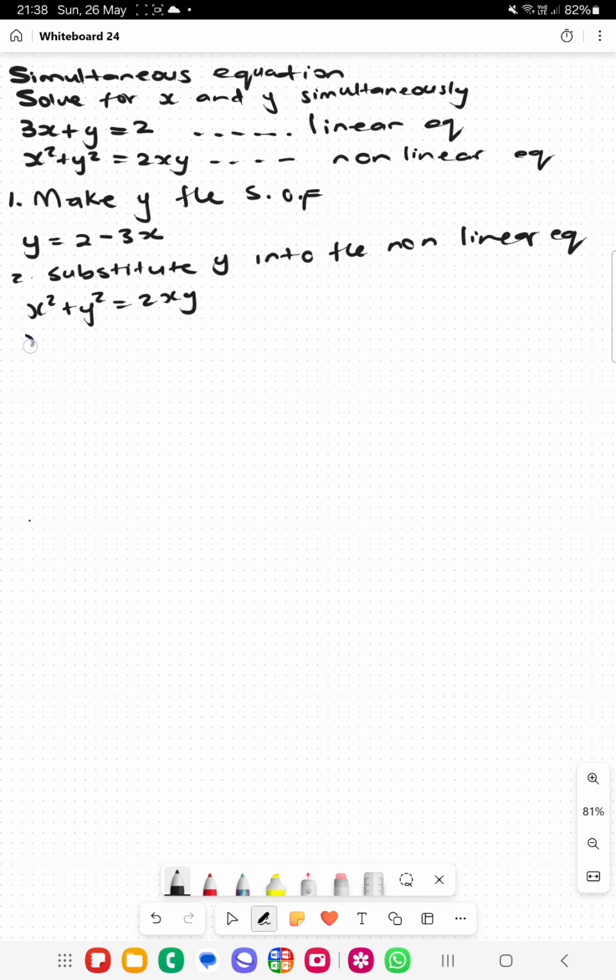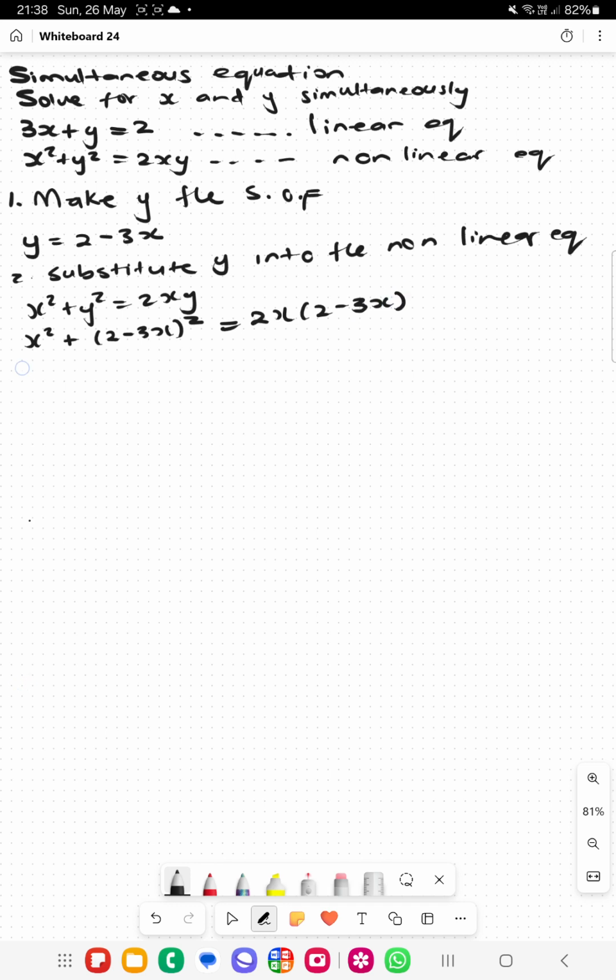So let's go. We're going to have x squared plus (2 minus 3x) squared, because our y was squared, equals 2x into (2 minus 3x). Wherever we saw y, we put 2 minus 3x.